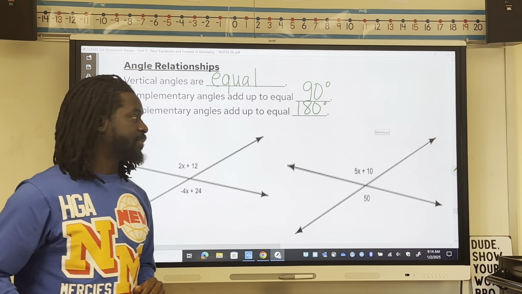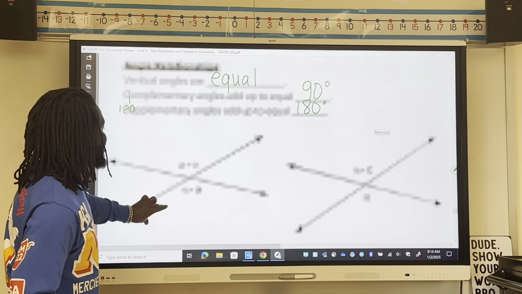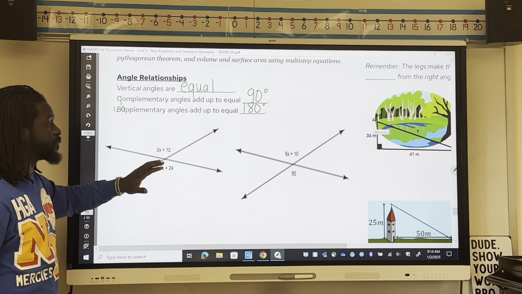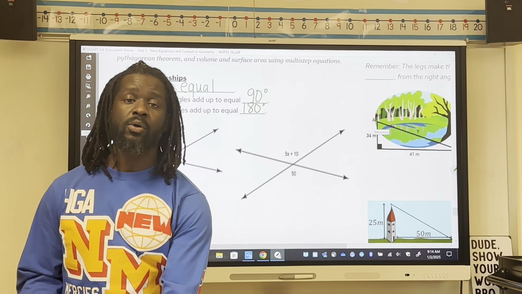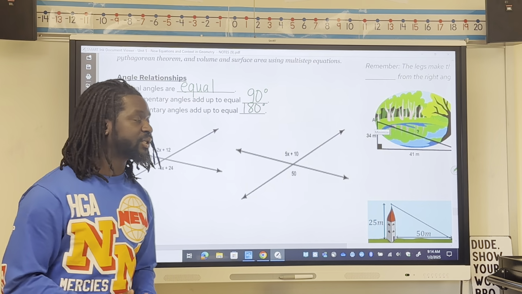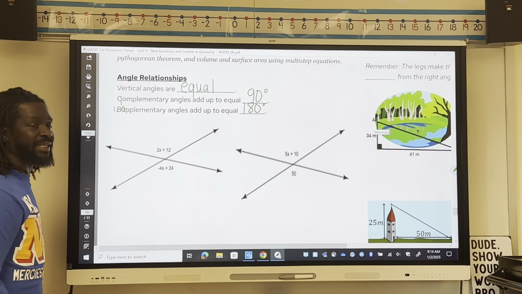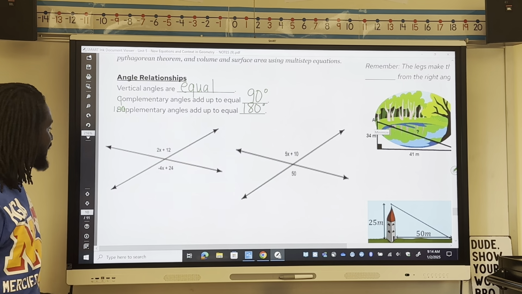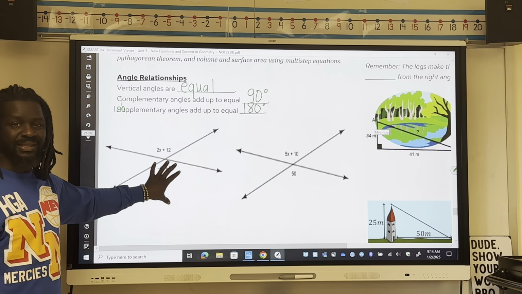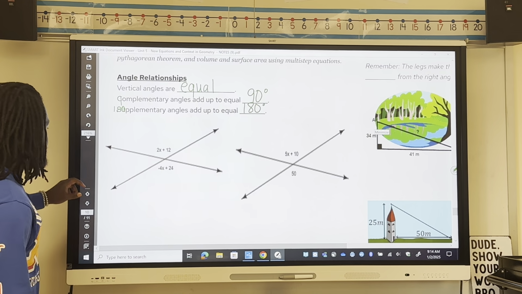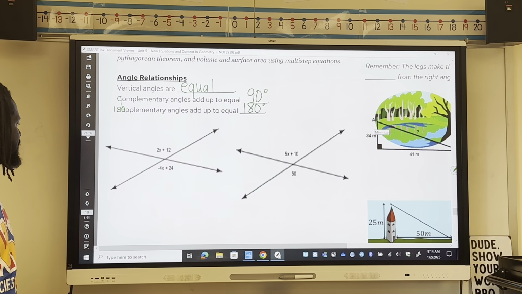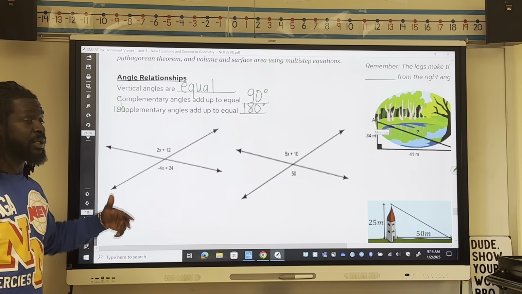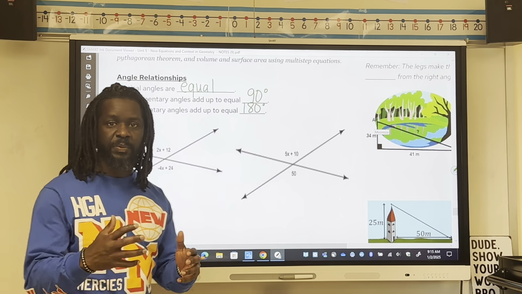We are going to be applying these relationships, but this time we're going to be using what we know about solving multi-step equations to figure out what the angles equal. Looking at these first two sets of angles, sorry that this is a little blurry here. You should have a notes page, so you should be able to see that a little bit better. We have these two angles. First, we need to know what the relationship is between these two.